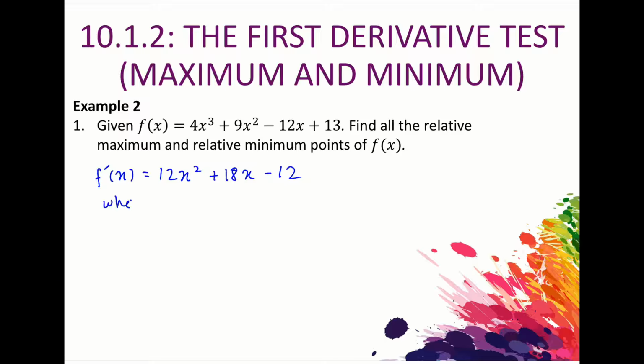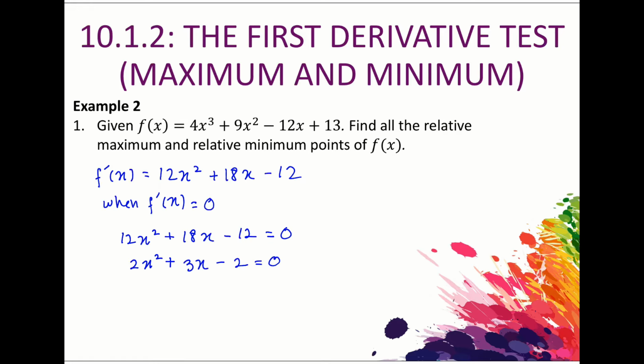So when f'(x) is equal to 0, 12x squared plus 18x minus 12 is also equal to 0. And then simplify first, so we get 2x squared plus 3x minus 2 equals 0.